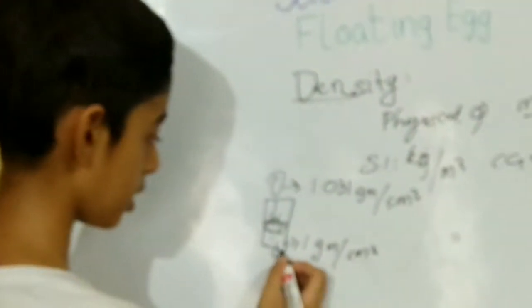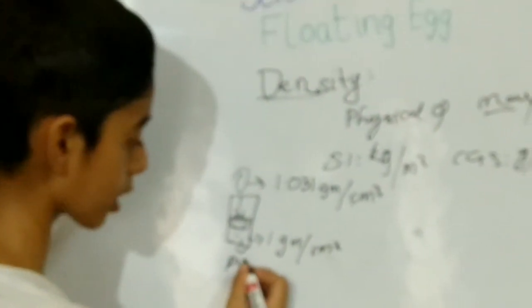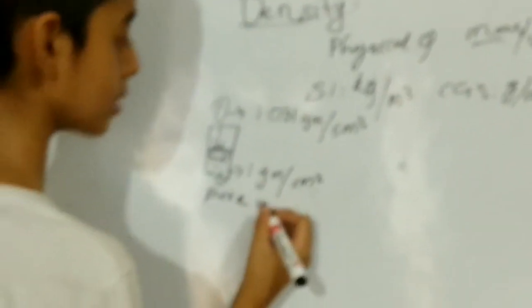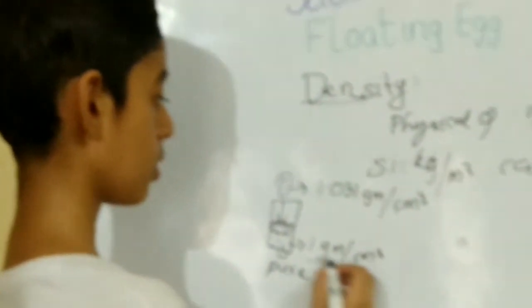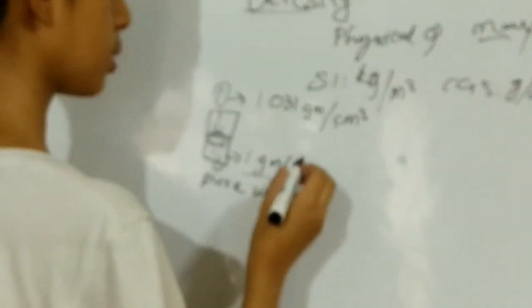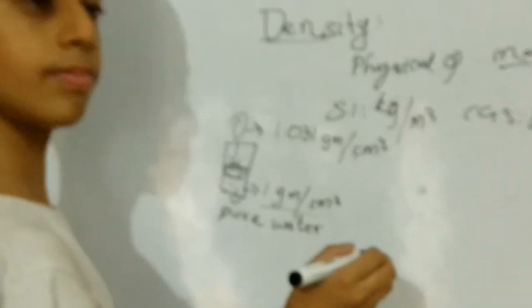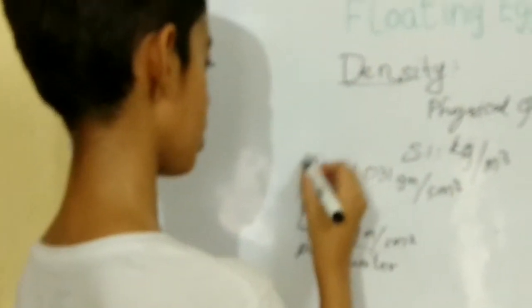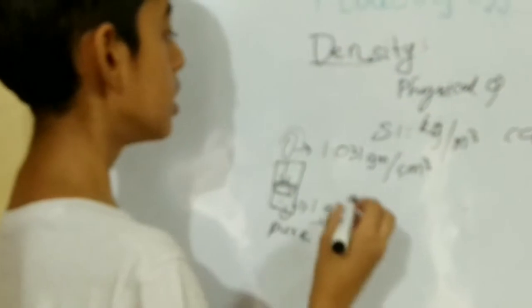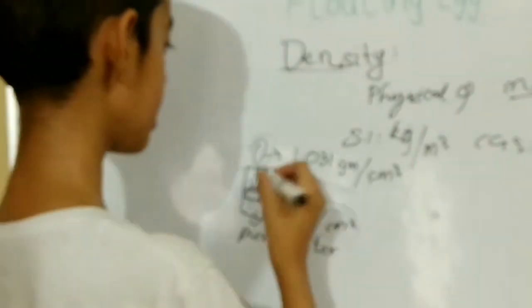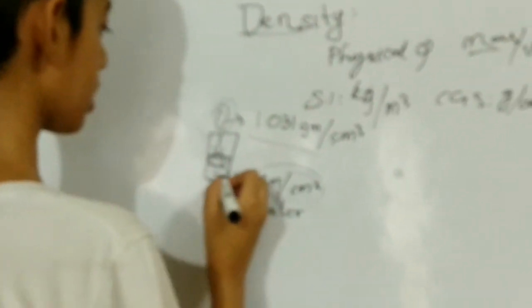When it is pure water, it's just water, then its density is 1 gram per centimeter cube. And here the density of the egg is greater than the water density. That's why the egg sinks when it's in pure water.